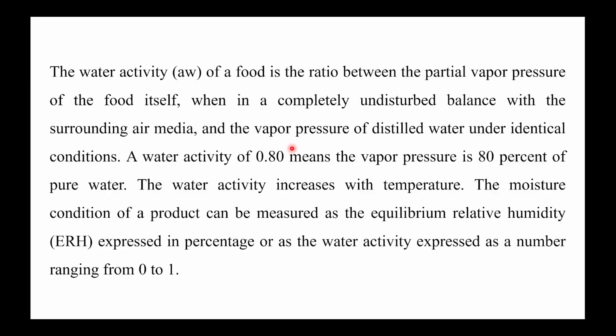So basically it shows the moisture content inside the food, and it is an important parameter to determine the food safety. So the higher the water activity, that means moisture content is high. That means more water would be available for microorganisms. So microorganism growth will be faster in such food items.